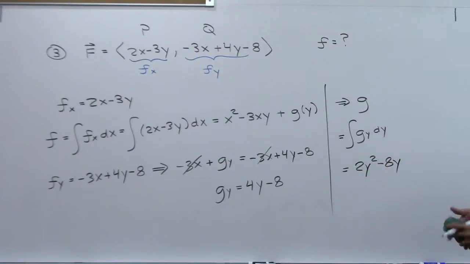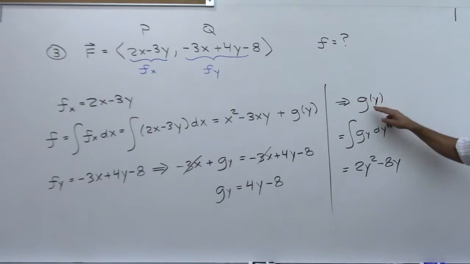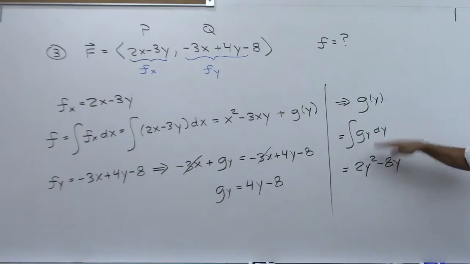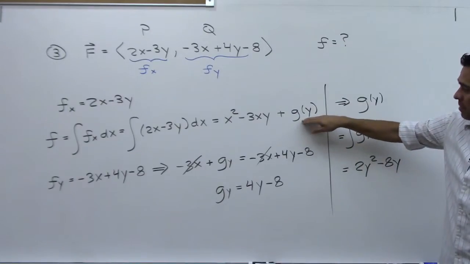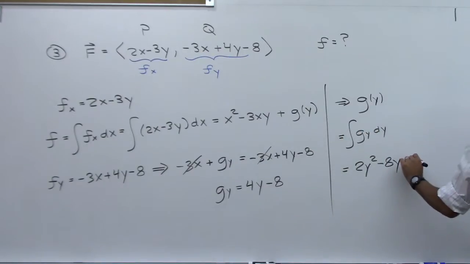And remember we said that g of y could possibly have y's in it. Well, it looks like we do. And possibly a constant, which I'm going to put plus c here.